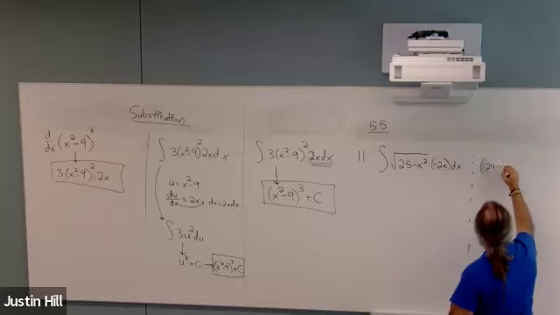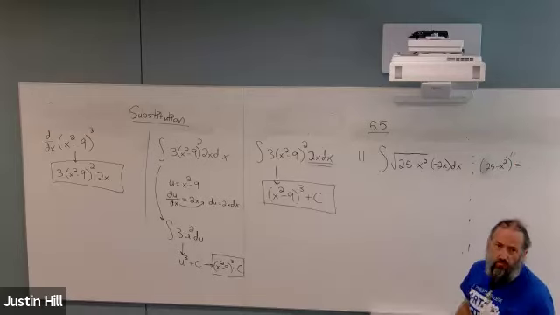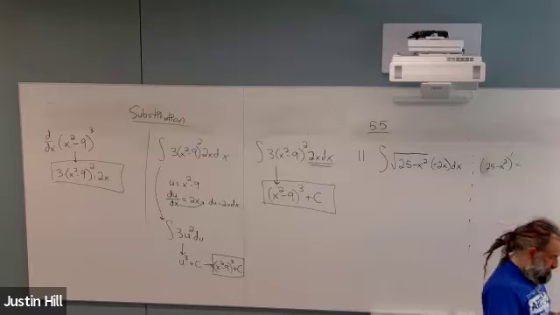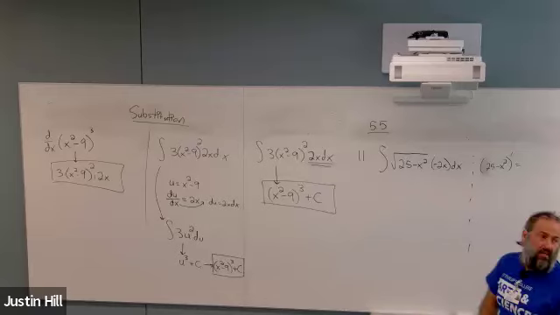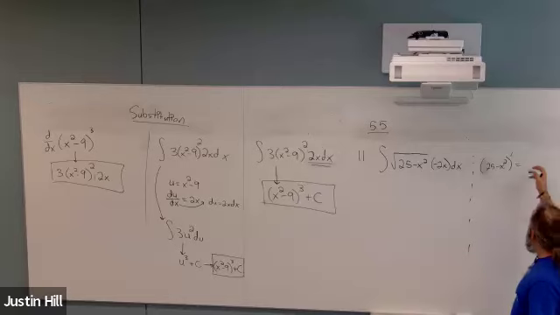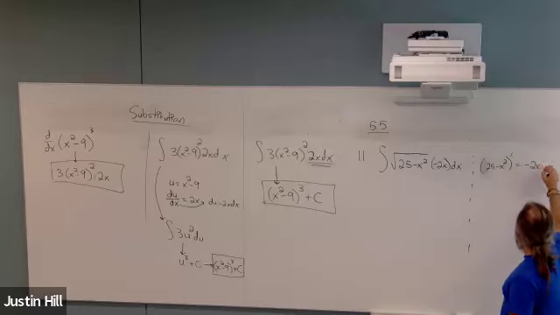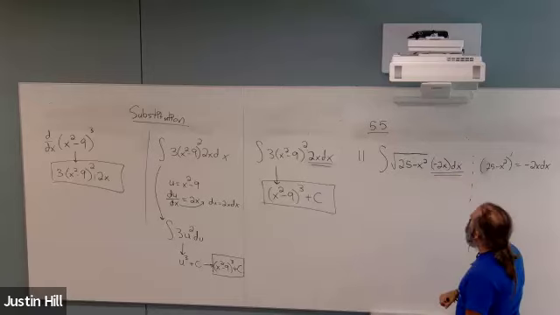I just want to figure out what is the derivative of 25 minus x squared. Good. So the derivative of this is negative 2x, negative 2x dx. Notice that is present. Good.